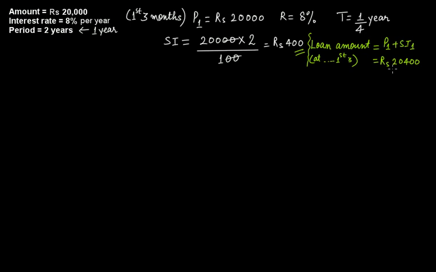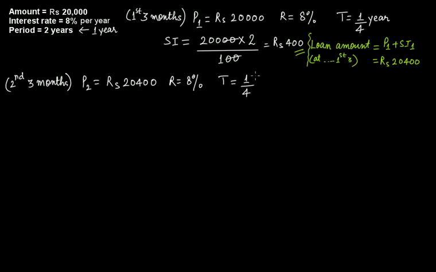Right? Now this loan amount at the end of first 3 months will become the principal amount for the next 3 months. So for the second period of 3 months, your P2 will be equal to rupees 20,400. Your rate is same, that is 8%. Your T is equal to 1 by 4 year.